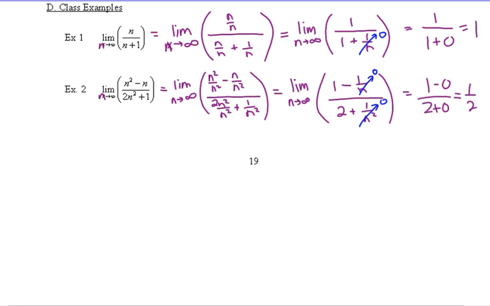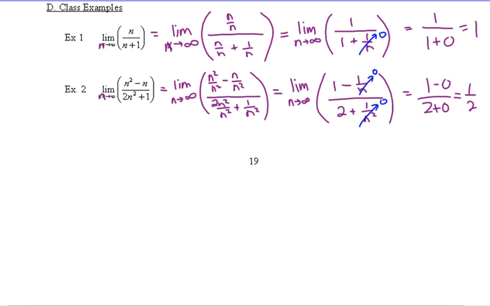Okay, is there some kind of shortcut? Well, yes, there is. I don't know if you noticed this; maybe if we did another example, then you'd notice it. Talk to me about the degree of this rational expression, comparing the numerator to the denominator. It's the same.